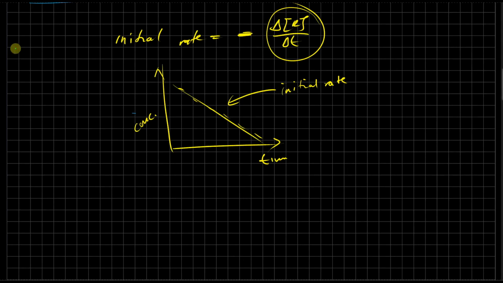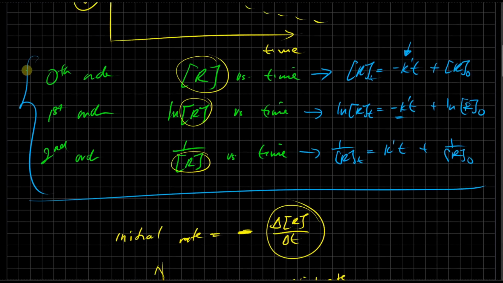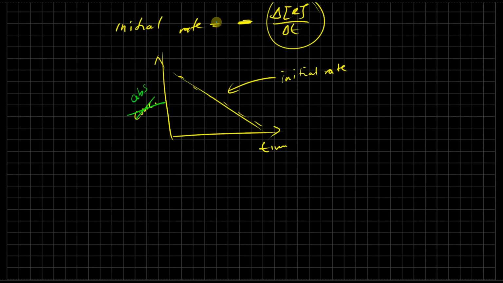However, we don't have a plot of concentration, right? Remember, we're plotting absorbance, but they're related to each other. So a plot of concentration versus time will give us that initial rate, which is a plot that we already made up here for the zeroth order. Except for this initial rate, we need to only plot the initial part of the plot.